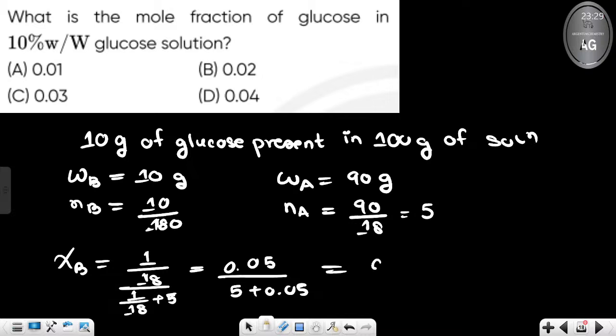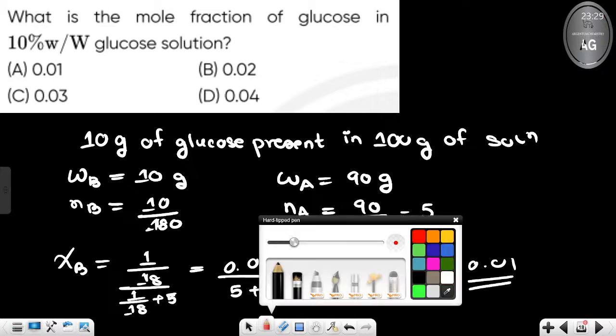So this is going to be 0.05 divided by 5.05. So we can write it as basically 0.01. So your answer will be option number A, 0.01.